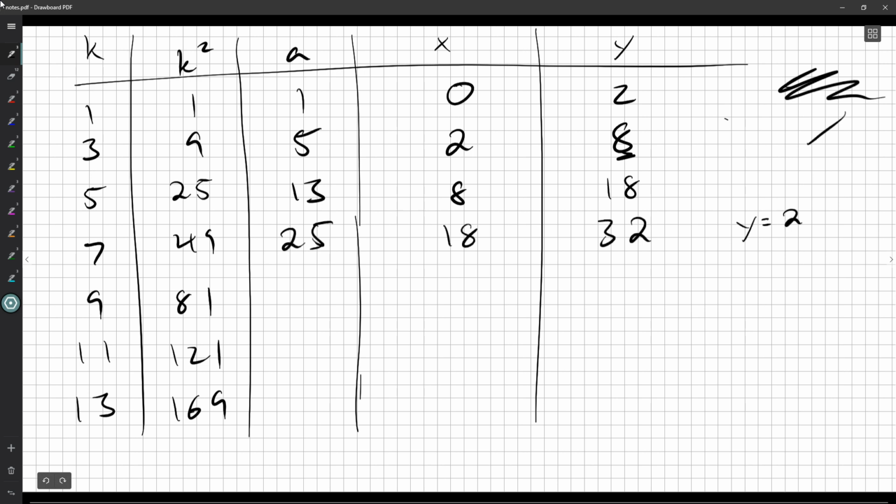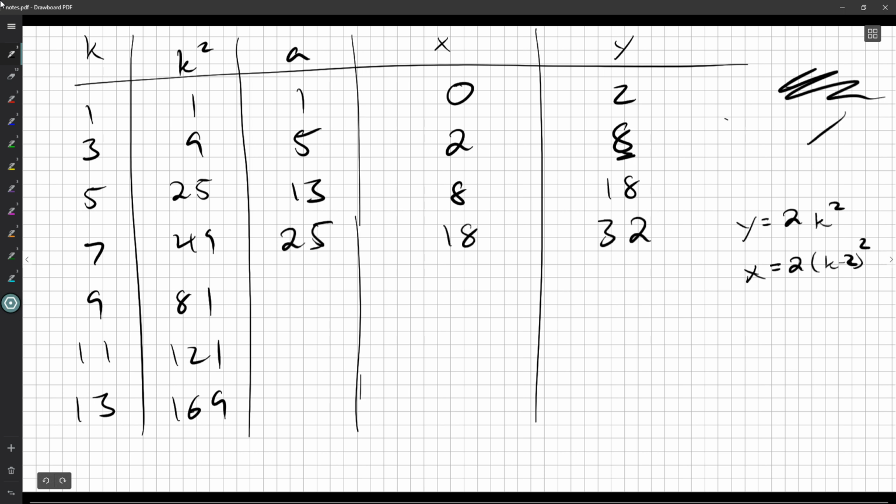Looks like y is twice k squared, and x is twice k minus 1 squared. That's what it looks like anyway. Or k minus 2 squared. There we go. Anyway, we can keep going.